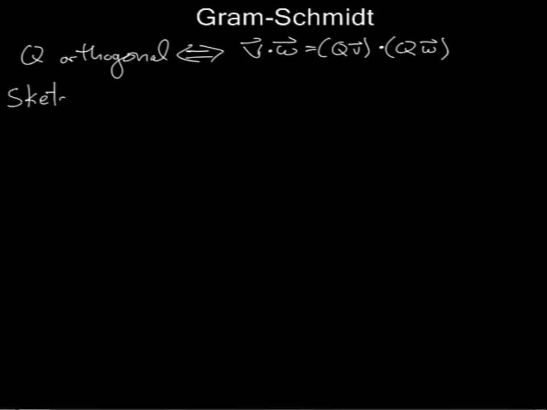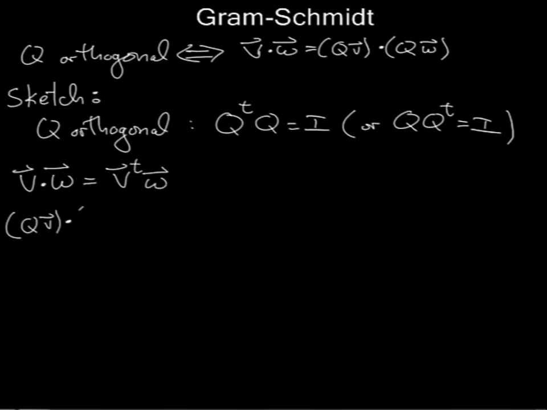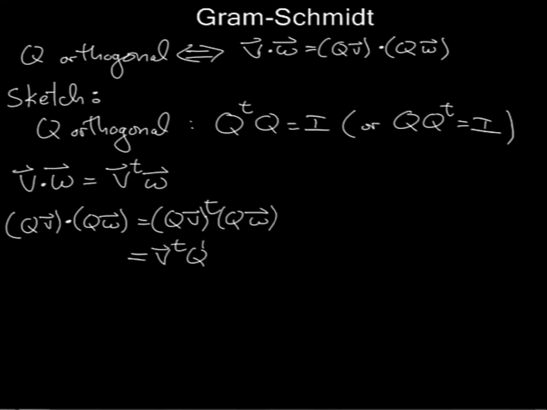Okay, so let's look at why this is true. Why is Q orthogonal if and only if this condition holds? Well, what does Q orthogonal mean again? It means that Q transpose Q is the identity. Well, I had said QQ transpose is the identity, but if you think about it, those two conditions are equivalent. So let's look at this one. So look at V dot W. Well, you can write that as V transpose times W. Well, what is QV dot QW? Well, that's (QV) transpose times QW. And remember, when you take the transpose, you change the order. So that's V transpose Q transpose times QW.